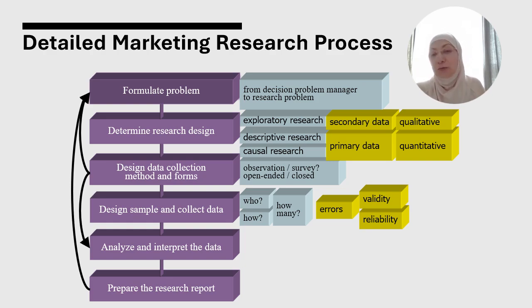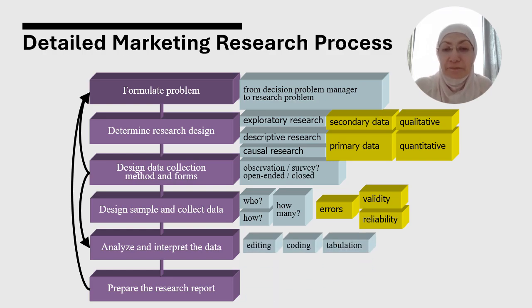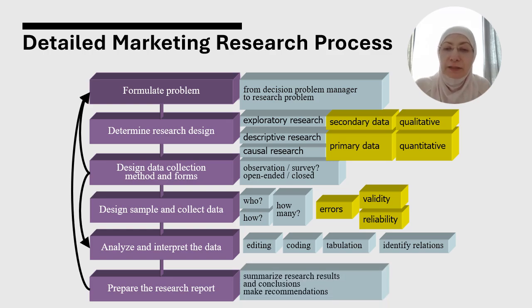And then of course you need to put this in a way that is so that's editing, coding, tabulation, and identifying the relations that we talked about, showing the relations between these different variables. And then you have to summarize the whole thing in a way that is easy for the reader to understand the findings, understand the meaning behind them, what they mean in relation to the decision, and make a decision.